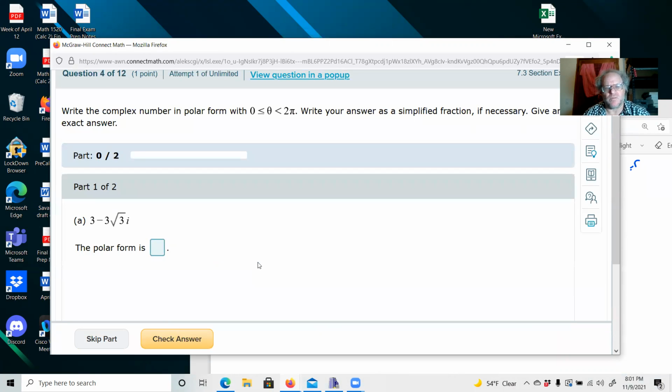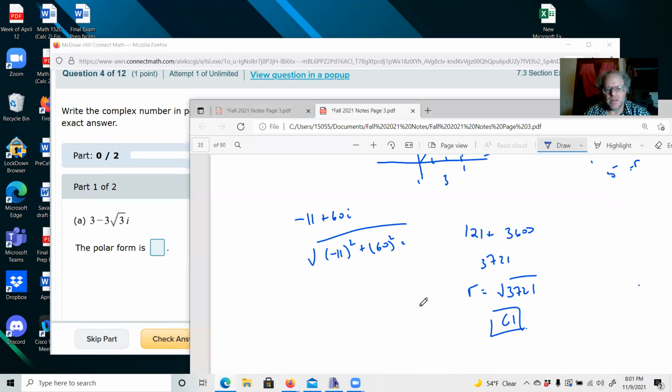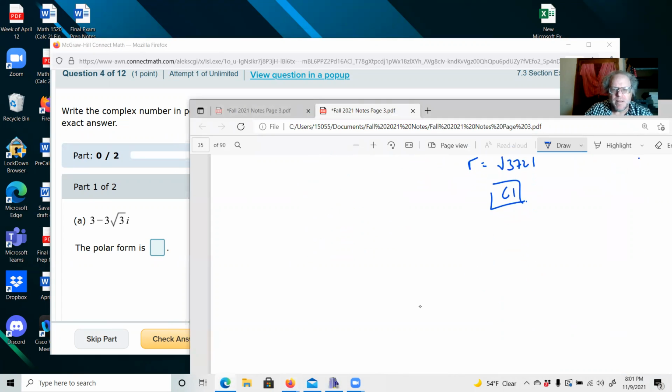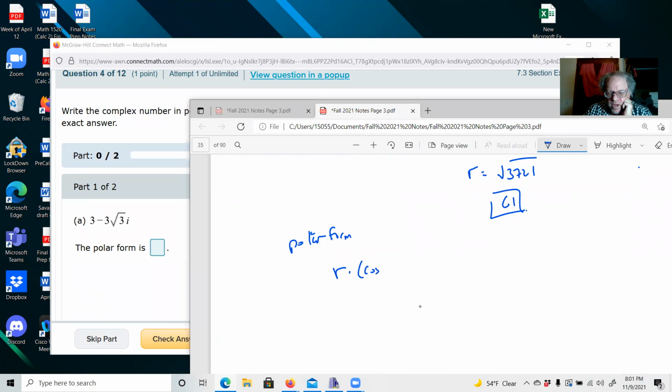Write it in polar form. So remembering that polar form is going to be r times cosine of theta plus i sine of theta. That's what we're doing.